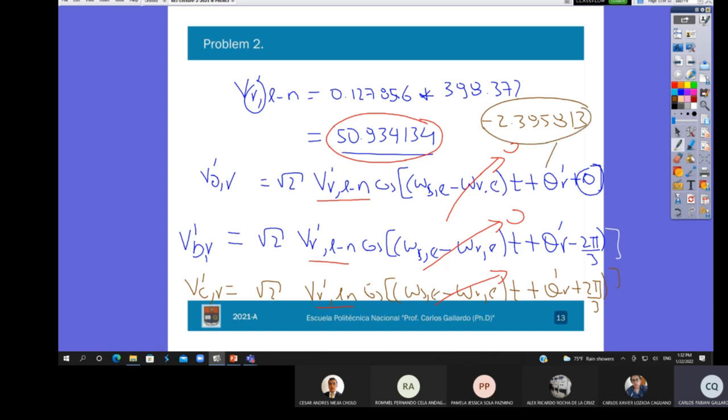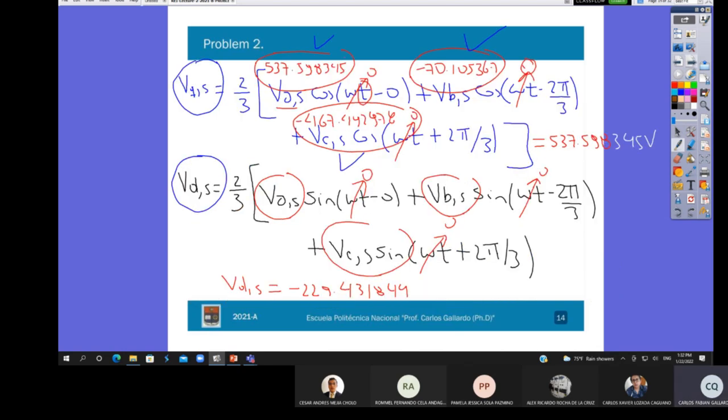Okay, this is theta. This is this value. Therefore, I will have the three-phase voltages.